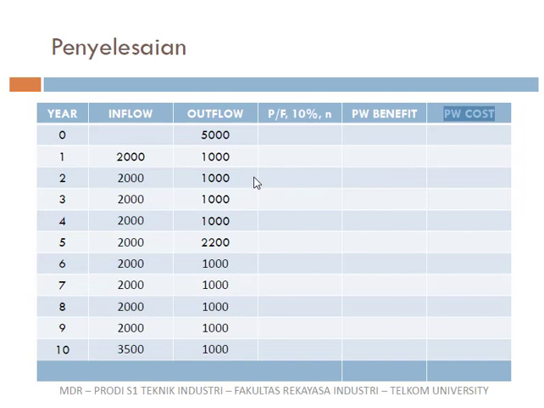It means multiplying the compound factor by the inflow or outflow, adjusting which information should be put in. For example, present worth of benefit means inflow, so just multiply the 2,000 by its compound factor. You just change the little n to 1, because this is taken at the end of year 1.